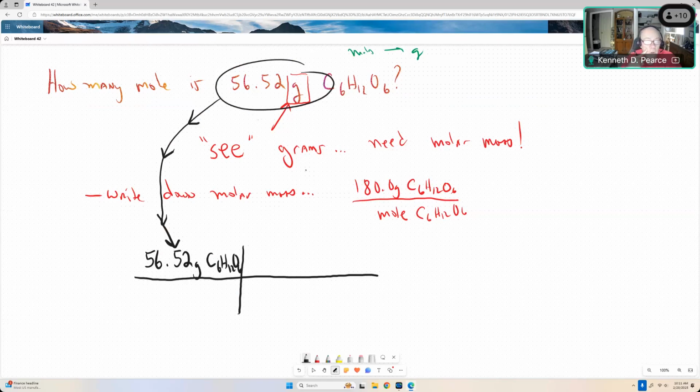Now, anytime I saw grams, and I did, I needed the molar mass. Now, what do I need to do with this right over here, though? Well, that's going to have to be what comes next. So what do you want to do with this that I just circled? Do you want to use it like it is, or flip it over? Flip it.